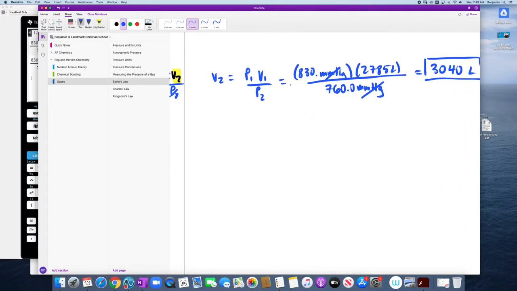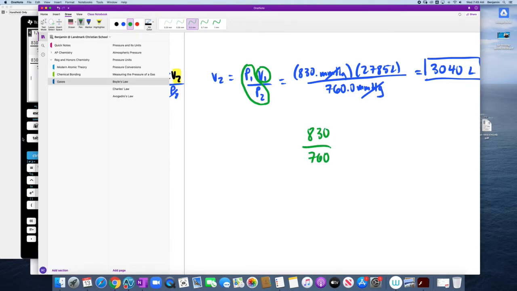Also, if you look mathematically at what's happening here, this ratio of pressures is really determining what's happening to our volume. Our original volume is being multiplied by this ratio of pressures, and that ratio is 830 over 760.